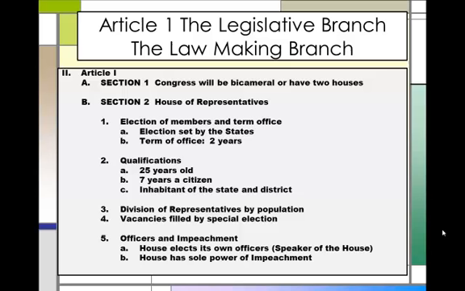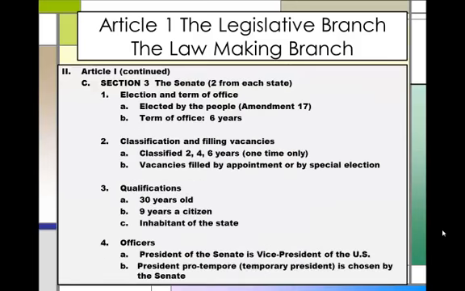One of the things that's very important to remember is that only the House of Representatives has the power of impeachment. Impeachment is removing a public official for wrongdoing. The Senate acts as the court in any impeachment trials.